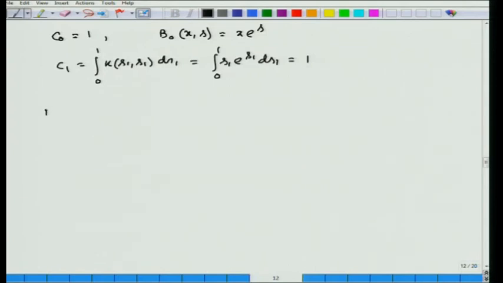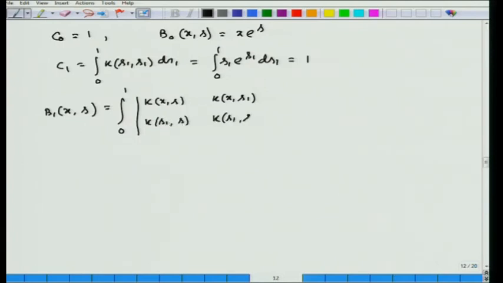Then B_1(x,s) is equal to the integral from 0 to 1 of the second order determinant K(x,s), K(x,s_1), then K(s_1,s), and then K(s_1,s_1) ds_1.